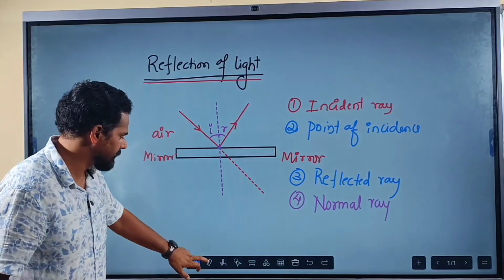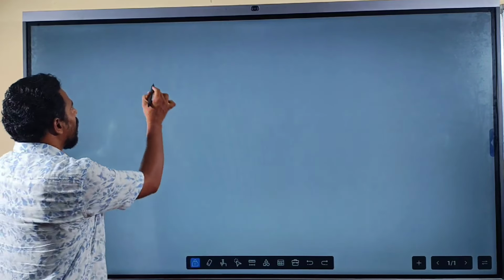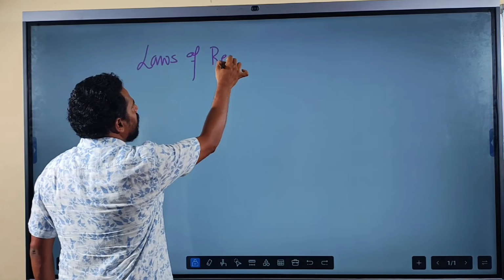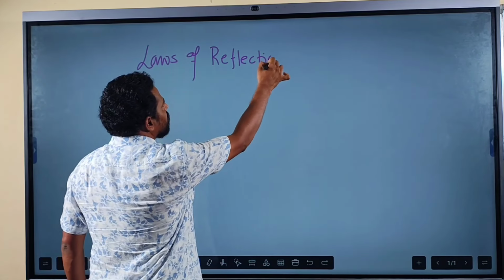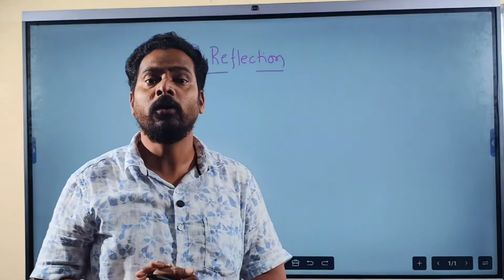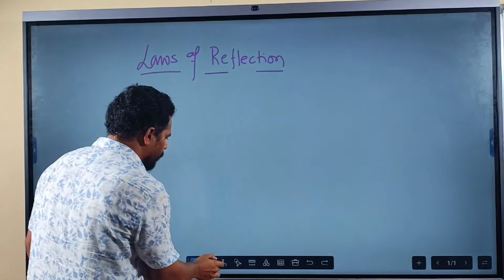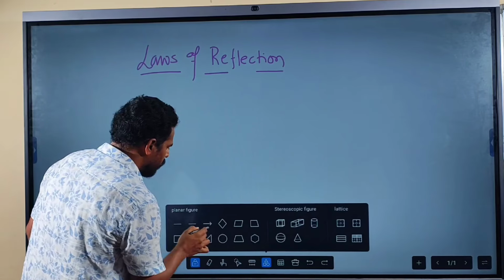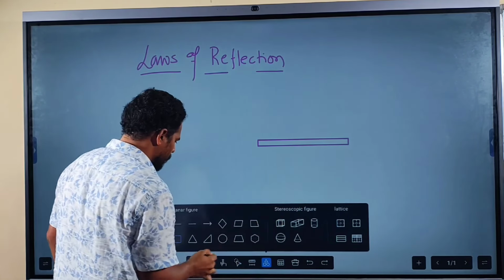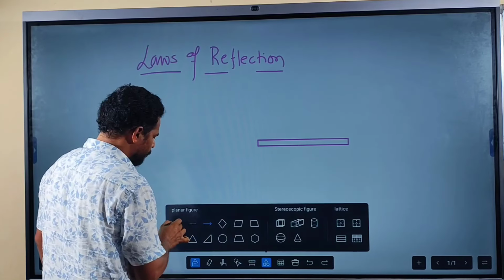Now, let us understand what the laws of reflection are. Based on the reflection of light, we have two laws. Just now we saw, look at this. This is a plane mirror.